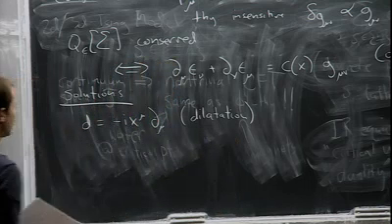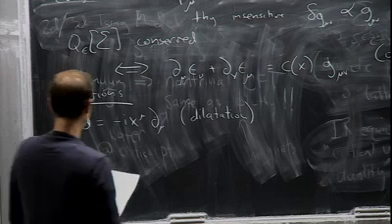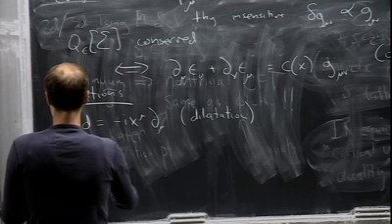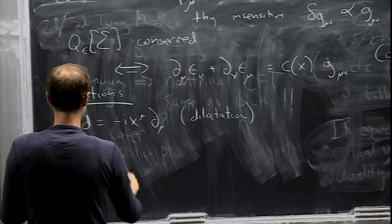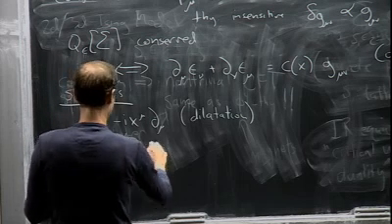Which I insisted on calling dilations for a long time because that's actually a word and dilatation isn't a word, but everyone says dilatation, so that's what we're going to say. And then these slightly more interesting ones, special conformal transformations.